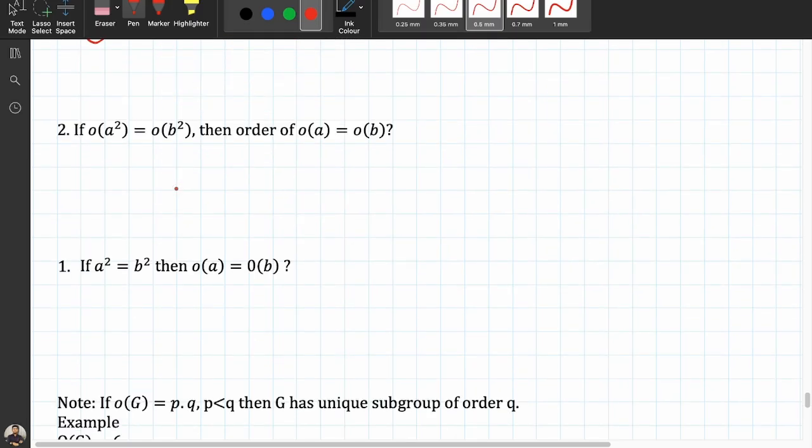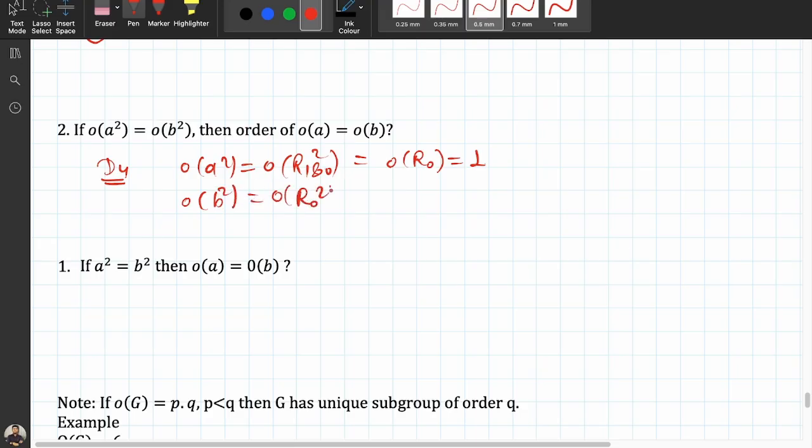Next question: if the order of A square is equal to the order of B square, then the order of A is equal to the order of B. Okay, so what is this? It means we can take any element from D4. So the order of A square, then order of R180 square is equal to the order of R0, that is 1. And the order of B square is the order of R0 square, the order of R0, that is also 1.